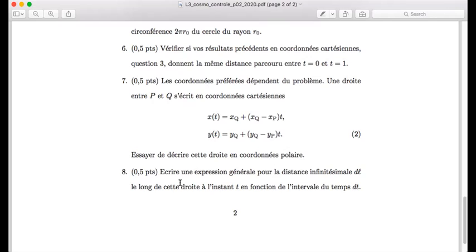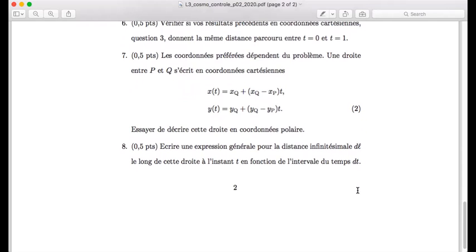And then I want you to write the general expression for the infinitesimal distance dl along a straight line as a function of dt.